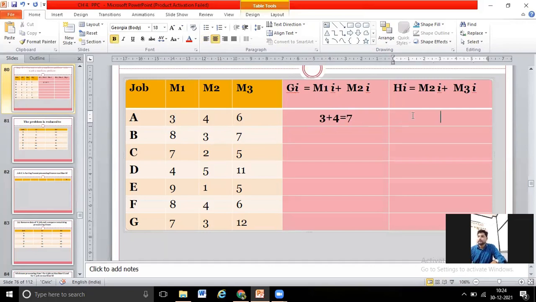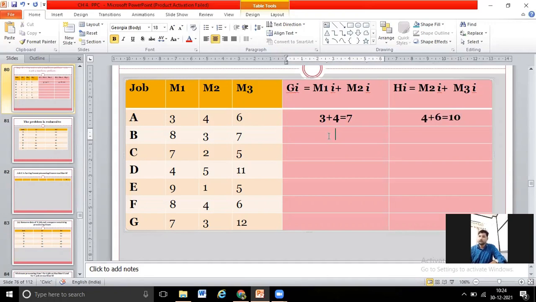H_i is M2_i plus M3_i. So M2_i for a particular job, processing time on M2 machine is 4, plus M3_i, 6, so 4 plus 6 is equal to 10.